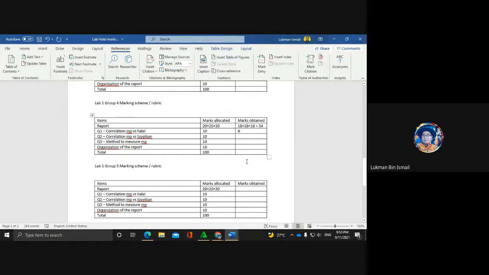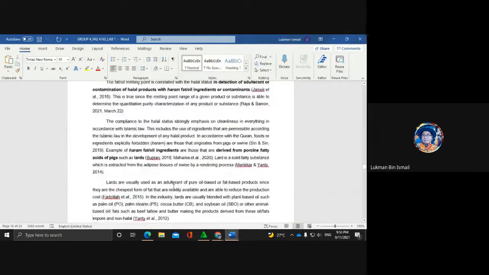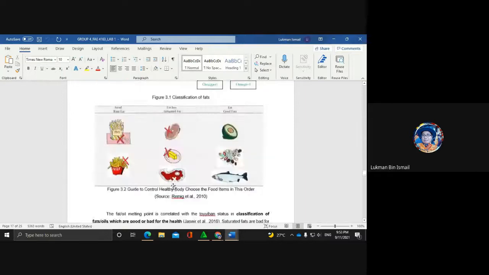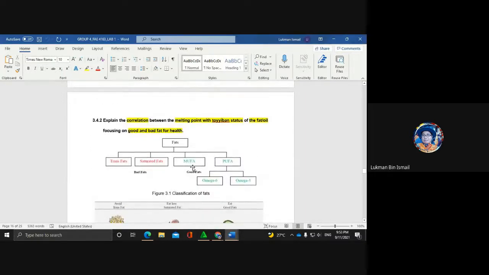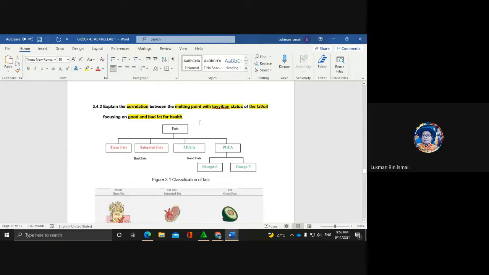6. Correlation between halal thayyiban issue. So if you want to provide a figure, then you need to explain. Yeah, figure 3.1, and then you must put explanation beforehand, and after that then you put the figure.